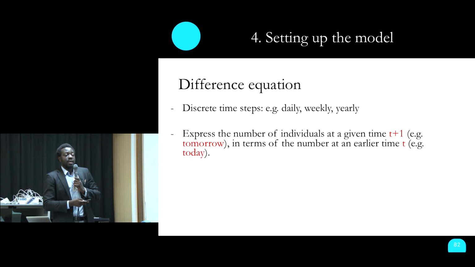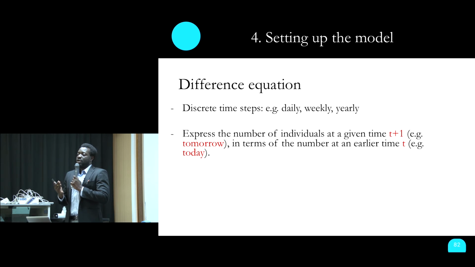With difference equations, we can express the number of individuals at time t plus 1, for example tomorrow, in terms of the number at an earlier time. Simply, it means I can predict what will happen tomorrow based on what I know today.